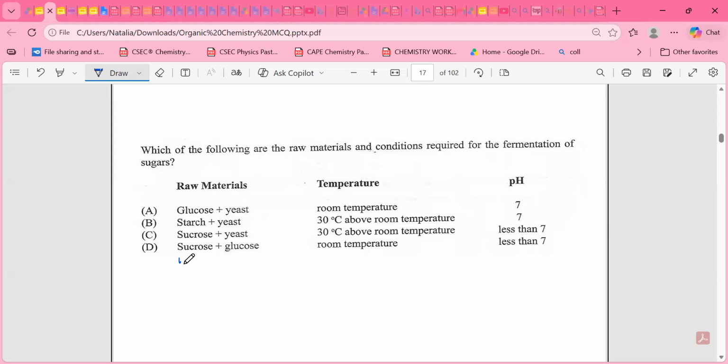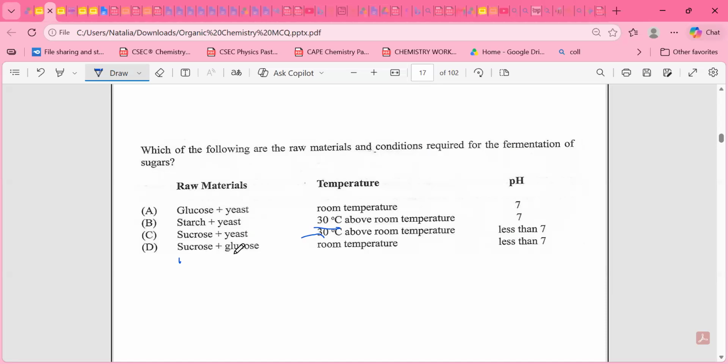And for the temperature, it is anywhere between 25 and 37. So temperatures that are above room temperature would automatically be out. So I am selecting sucrose and glucose.